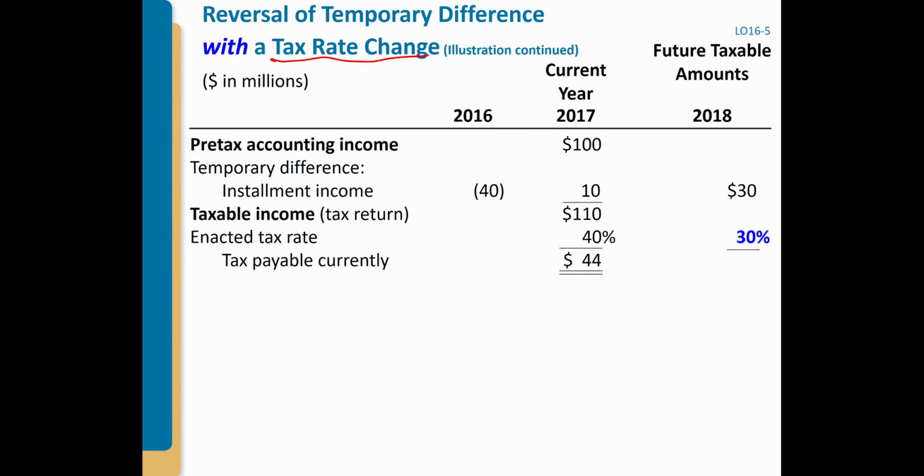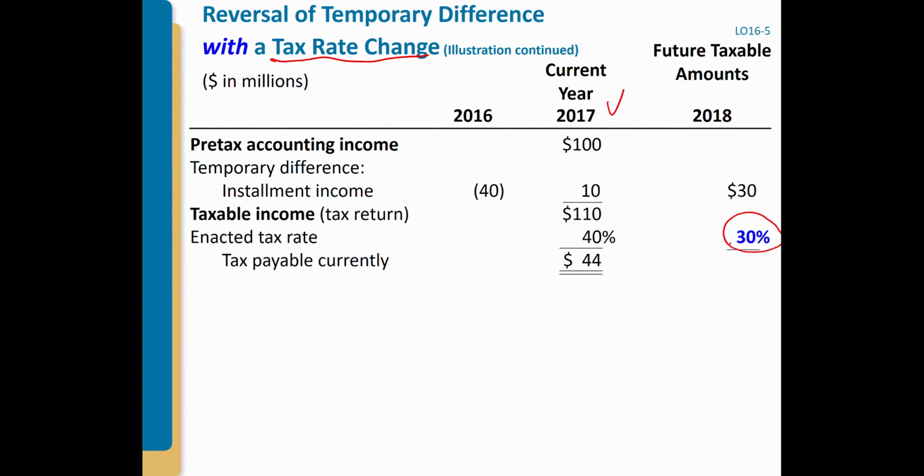Actually, by December of that year, the president announced that we're going to cut the corporate tax rate from 35% to 20%. So now the government made the announcement. Let's say the future tax rate is 30% instead of 35%. So in the year 2017, we realized the tax rate in 2018 will be 30%.